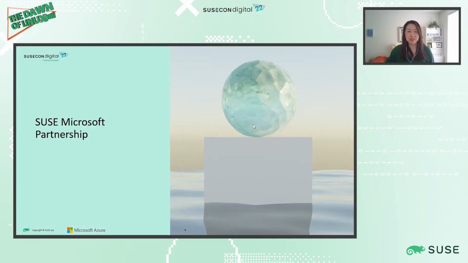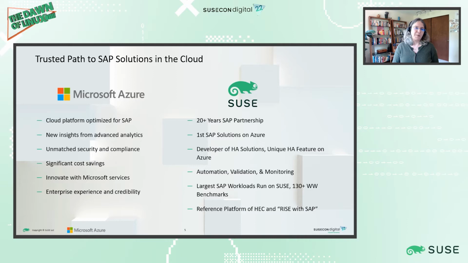Before we jump into the technical details, let's take a quick look at the SUSE Microsoft partnership. Okay, so Microsoft Azure and SAP workloads. It's one of the clouds that has deep experience with running enterprise workloads. It offers significant cost savings.